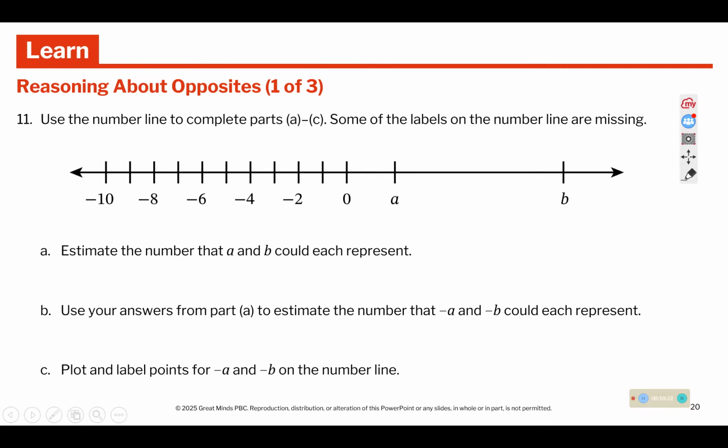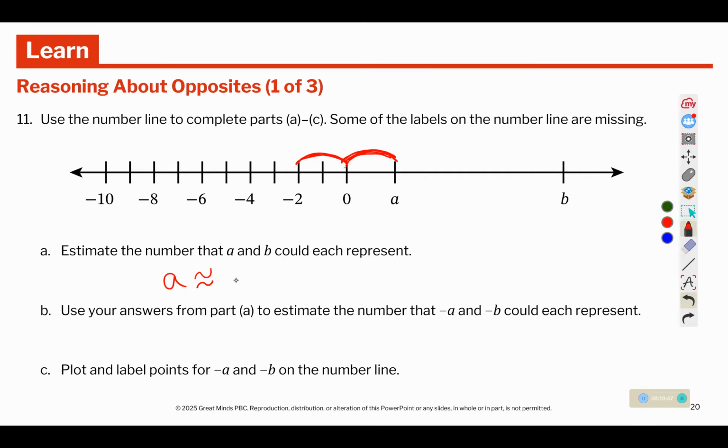Use the number line to complete parts A through C. Some of the labels on the number line are missing. Estimate the number that A and B could represent. Well, this distance is about 2 from 0, and this looks to be about the same distance. So if this is -2, A would have to be +2.